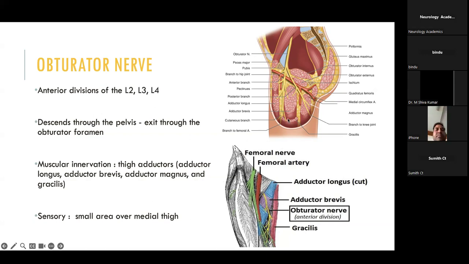This is adductor longus, this is gracilis, and this is adductor brevis. This is pectineus, which is supplied by femoral. Sensory supply, as we know, is a small area over the medial thigh.